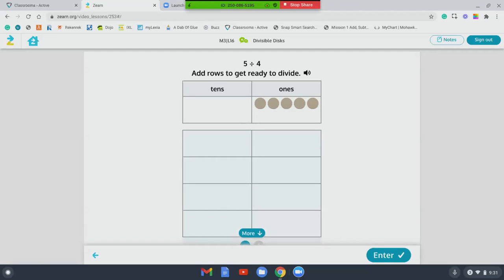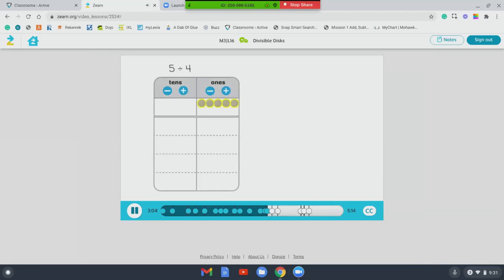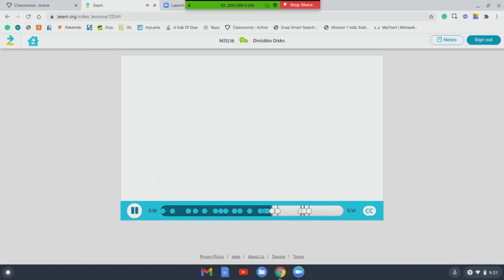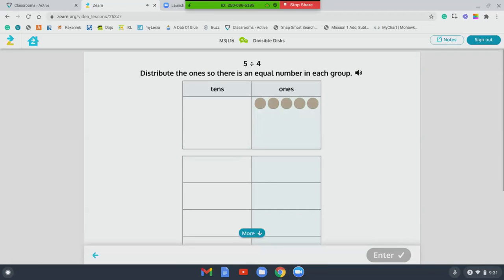We would add 4 rows because it is 5 divided by 4. I put 5 ones on my place value chart, and then 4 groups below that, because we're dividing by 4. We have to move our ones into the equal groups.